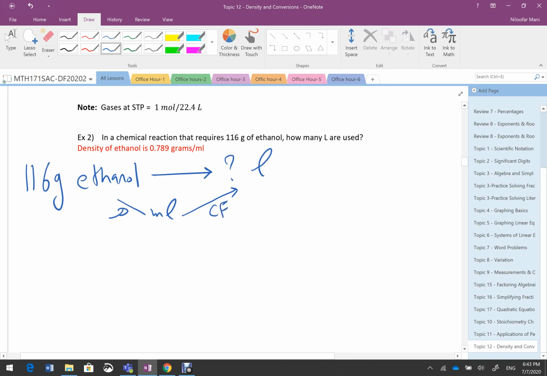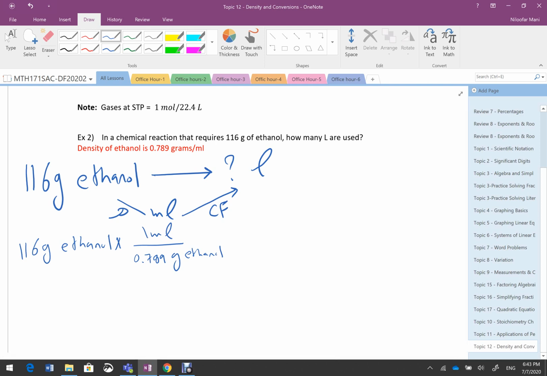So here it's 116 gram ethanol, multiply. I want to cancel gram, so it's 0.789 gram ethanol per 1 milliliter. You see this is gram per milliliter, but here I want to cancel gram, so I need to write it down.